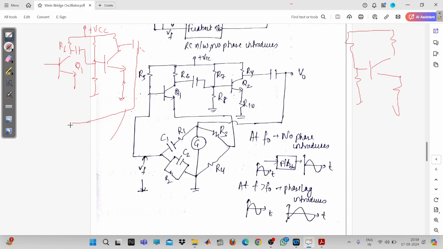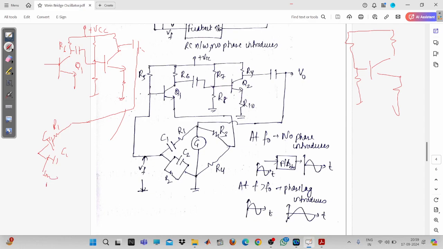Now this one will be connected to some Wheatstone bridge type arrangement. I think this bridge has also been completed in the EMI. This one is R1, then C1, then again this one is C2 and R2.